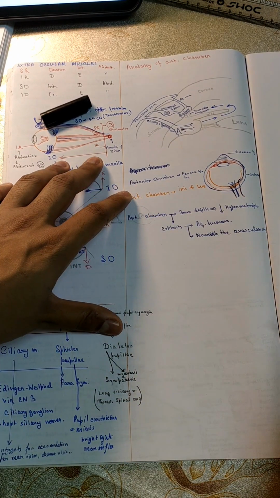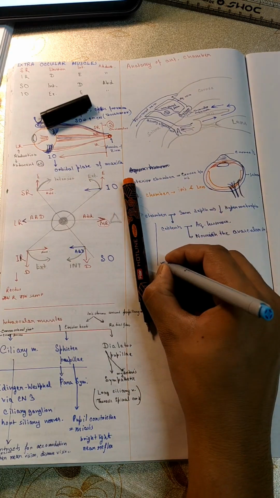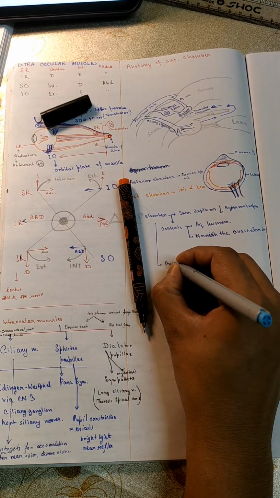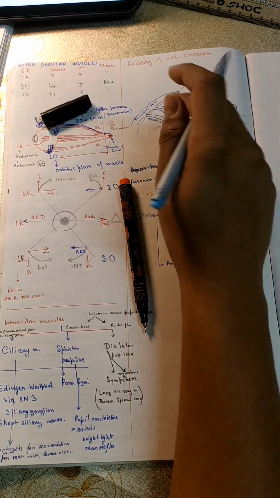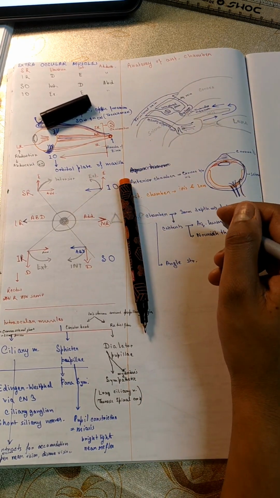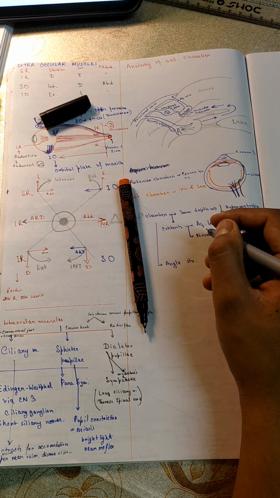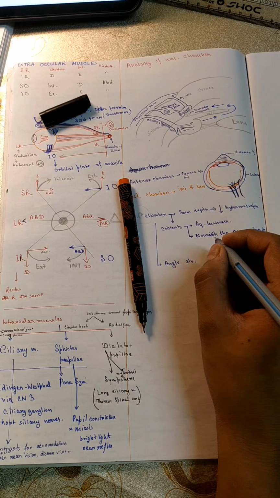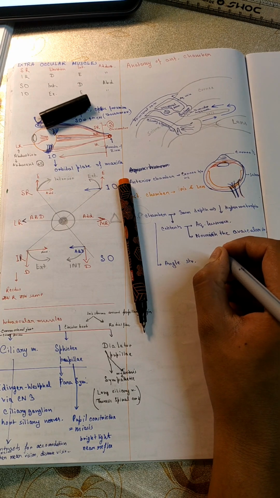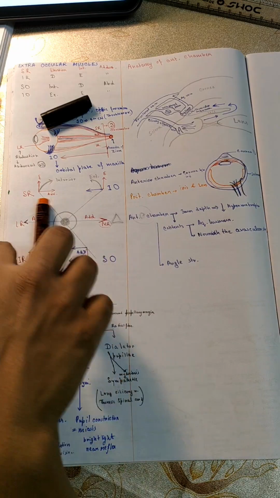Now let's talk about the angle structures. The angle structures are all this thing, that is Schwalbe's line, trabecular meshwork, scleral spur, ciliary body band, and iris root. Okay, so structure is like this.